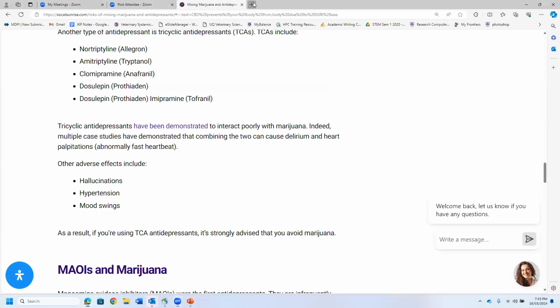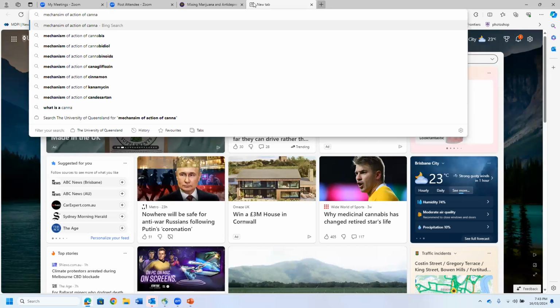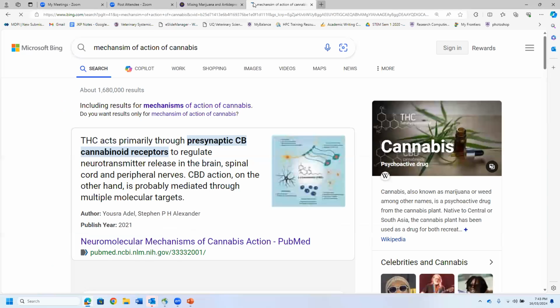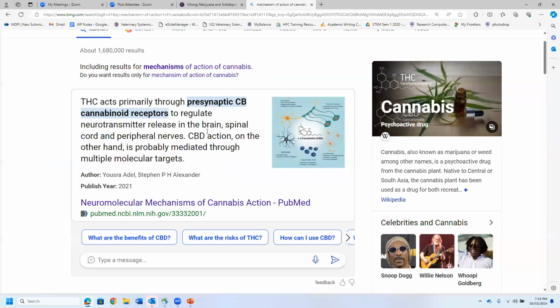Mechanism of action of cannabis. You don't need to know the basic pathophysiology, but if you look over here, it acts through the presynaptic cannabinoid receptors to regulate neurotransmitter release in the brain.